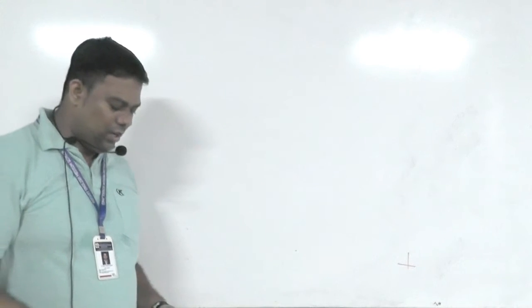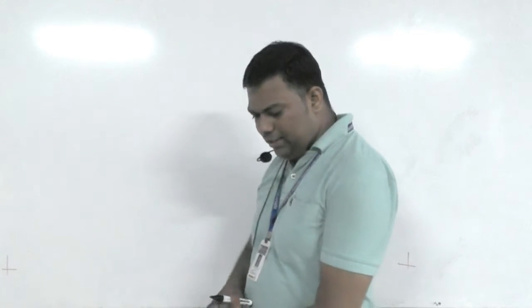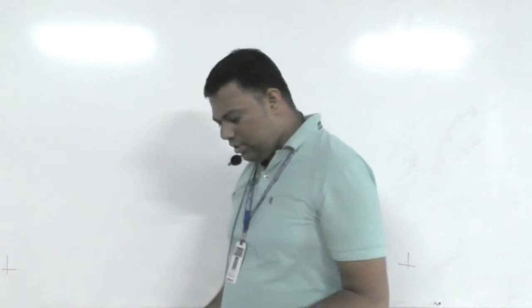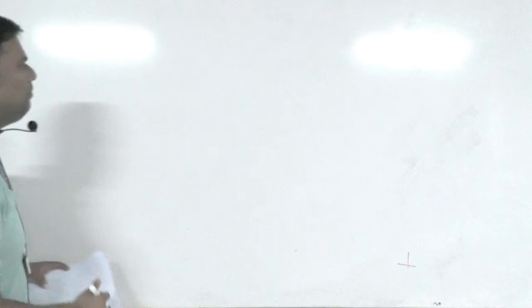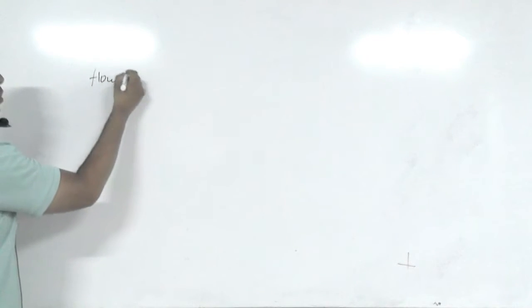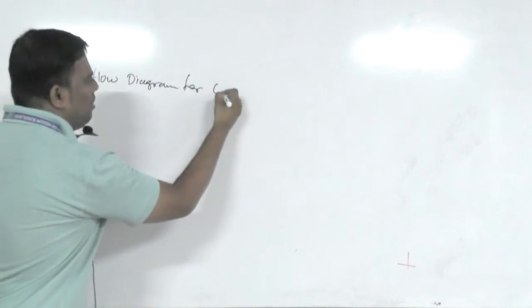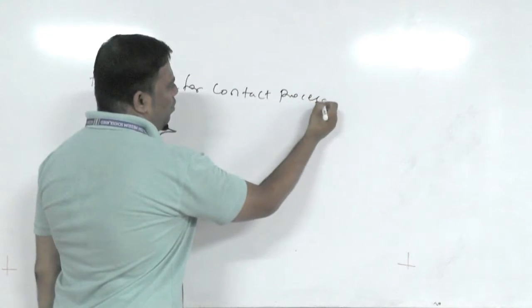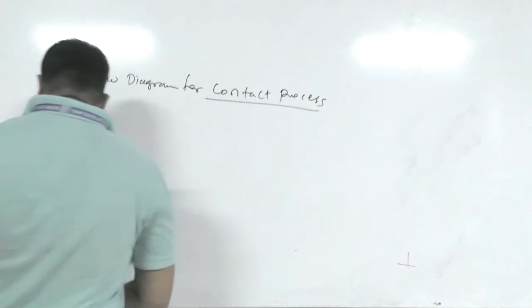So we will draw a flow sheet diagram, or we can say a flow diagram. Write down that: flow diagram for contact process.